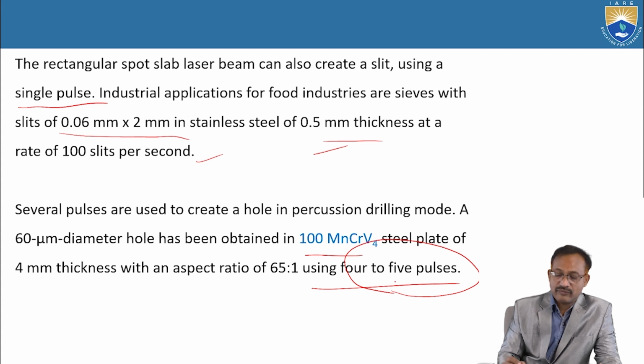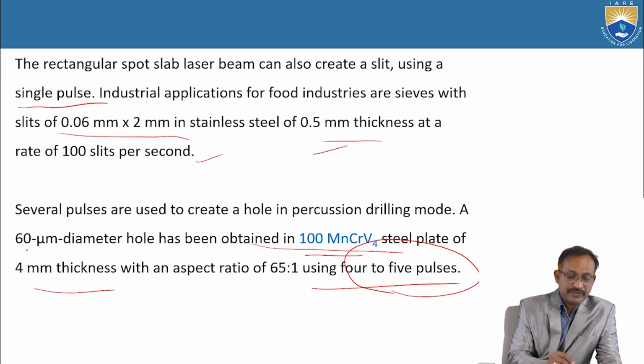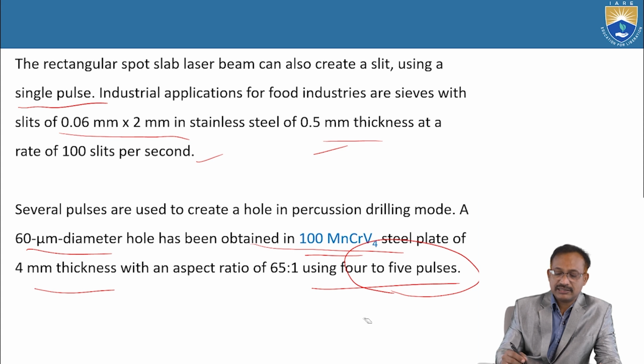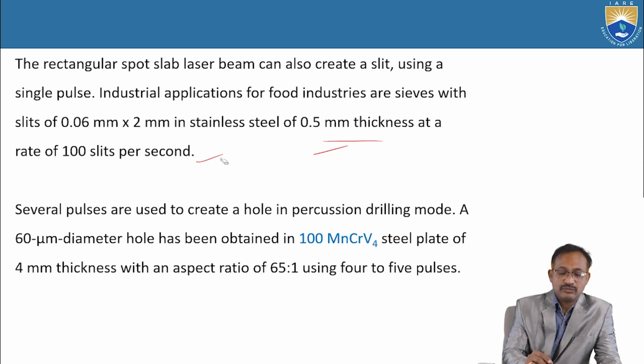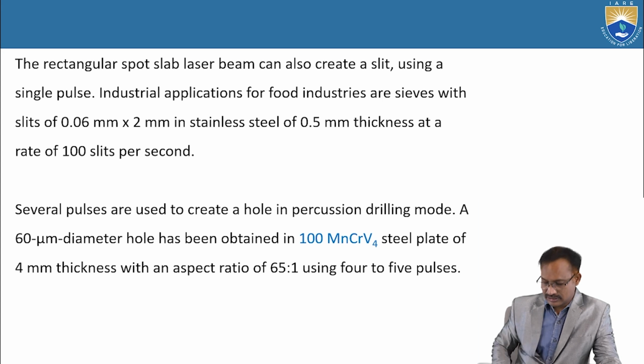When we use 4 to 5 pulses, here we are using 100 manganese chromium vanadium steel plate of 4 millimeter thickness and the diameter is 60 microns. So these details will lead to further research on these parameters.